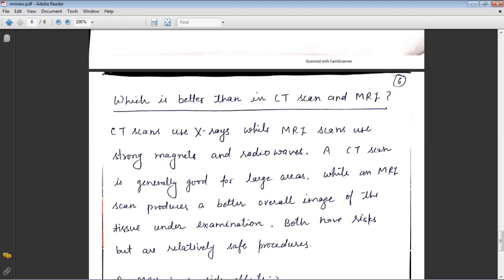The nuclear magnetic resonance technique is also used, for example, to measure the ratio between water and fat in food, monitor the flow of corrosive fluids in pipes, or study the molecular structure of catalysts. So these are the non-medical uses of MRI also.